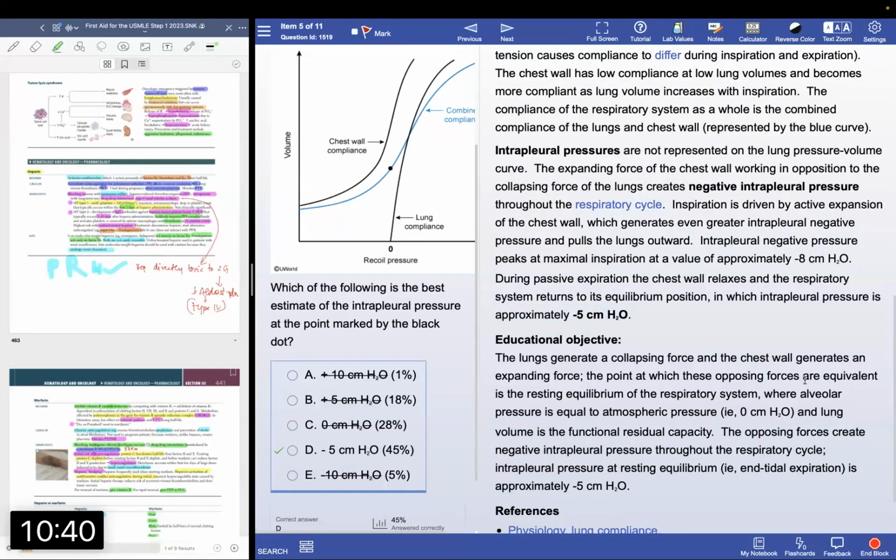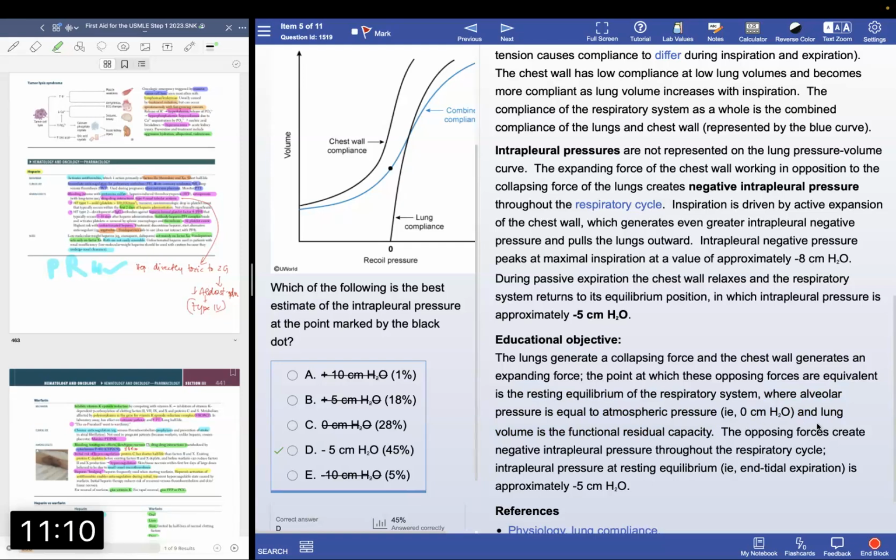The point at which these two opposing forces are equivalent is the resting equilibrium of the respiratory system, where the alveolar pressure is equal to the atmospheric pressure. The lung volume at this point is the functional residual capacity. The opposing forces create a negative intrapleural pressure throughout the respiratory cycle. Intrapleural pressure at resting equilibrium, which is the end tidal expiration, is approximately -5.